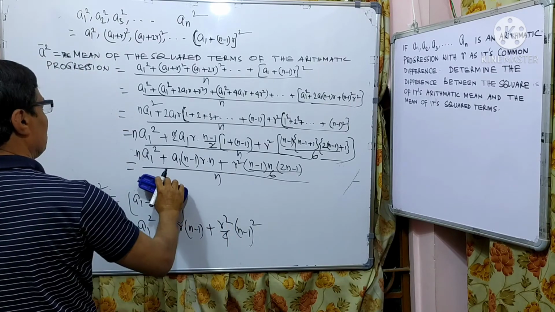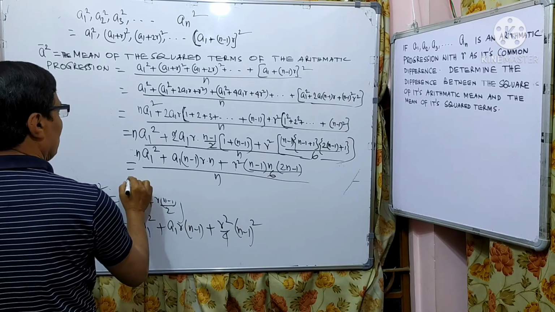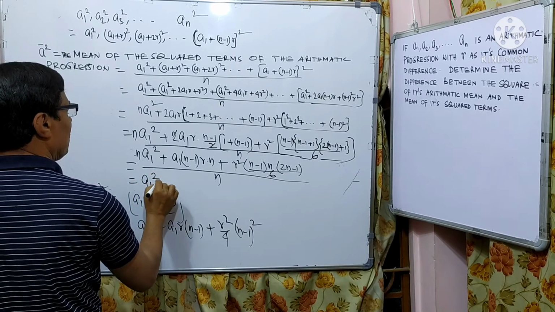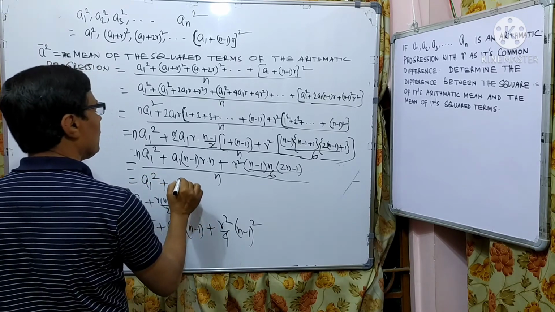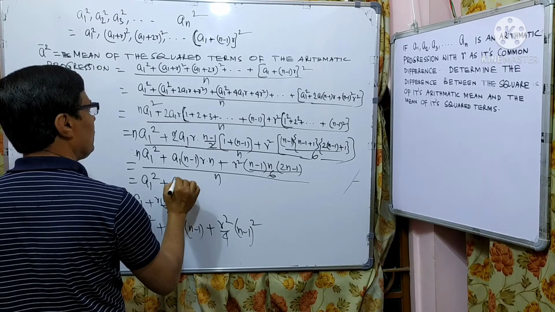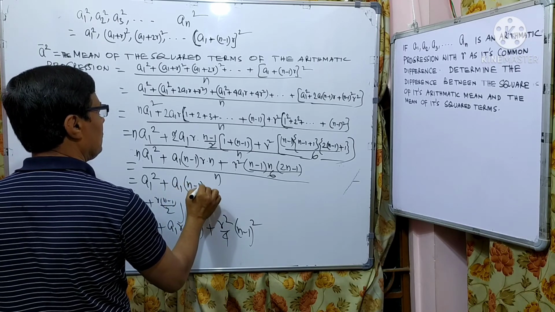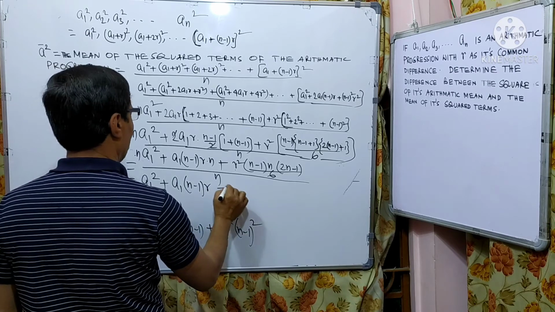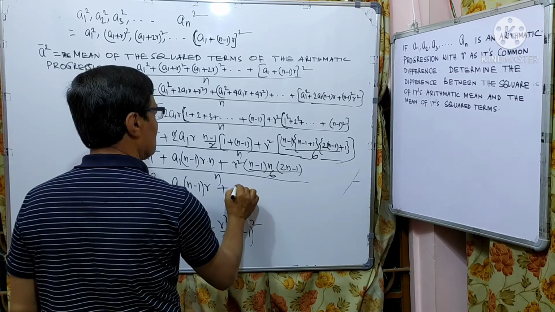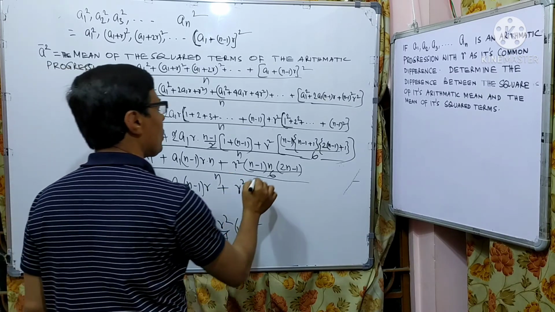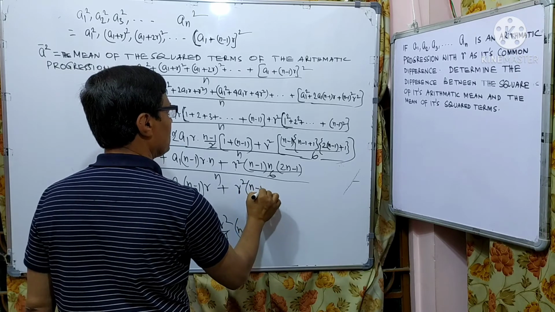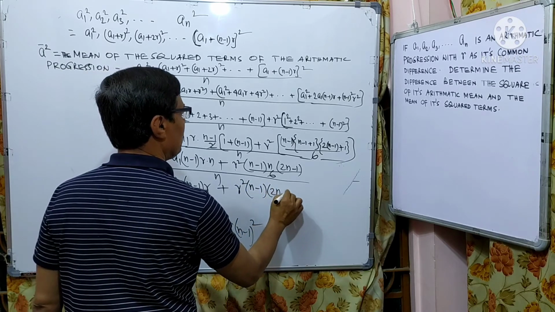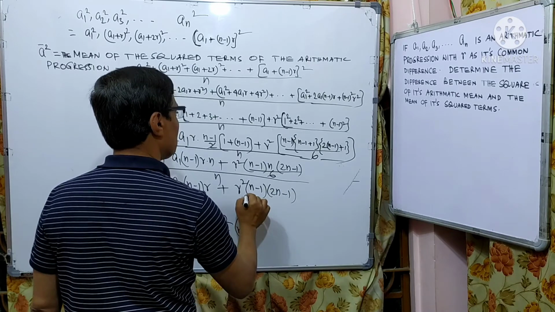Which is equal to a1 square plus a1 into n minus 1 into r plus r square into n minus 1 into 2n minus 1 over 6.